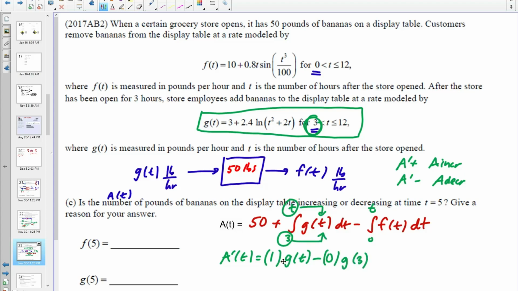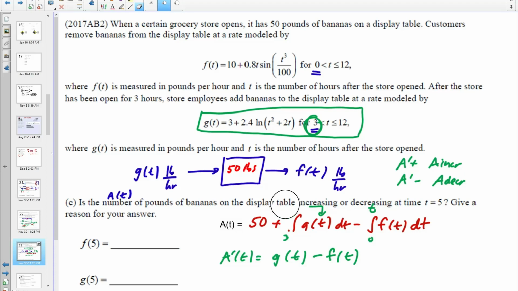Do you see that this is really just g(t), according to the second fundamental theorem of calculus? And remember, the derivative of 50 is 0. And if I do the same over here, the derivative of the first times plug it in, minus the derivative of the second, the derivative of 0, times plug that in, I'll also get f(t). And this minus sign here is just carried down here.